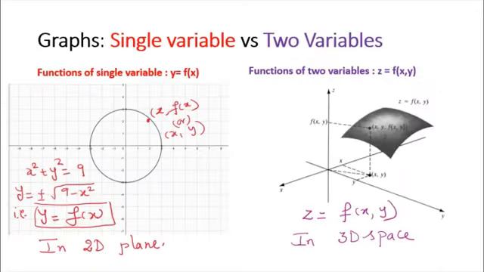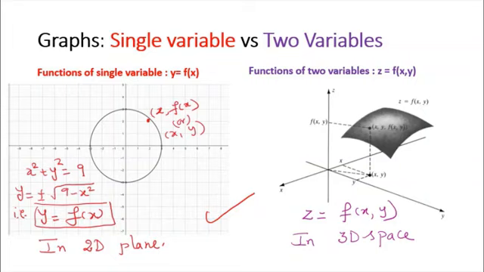Now let us look at graphs of a single variable versus two variables comparatively. The left-hand one is a graph in a two-dimensional plane, which is a circle, x² + y² = 9, which you can write as y = ±√(9 − x²).